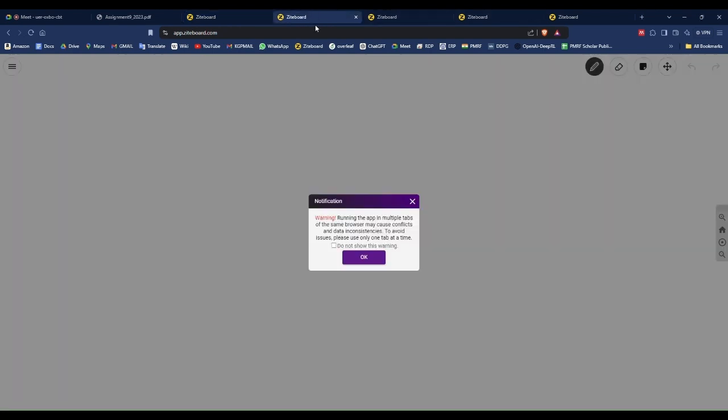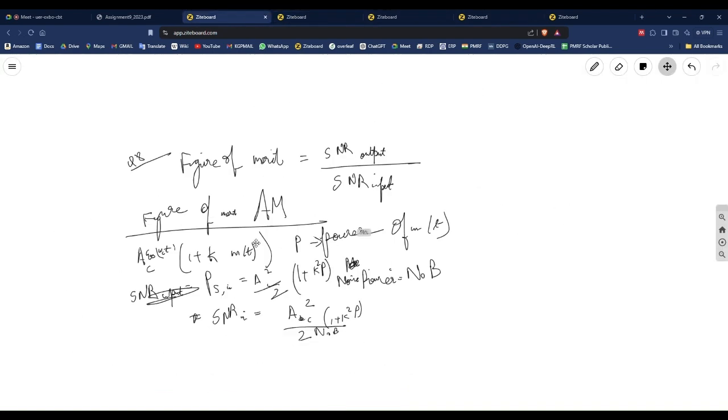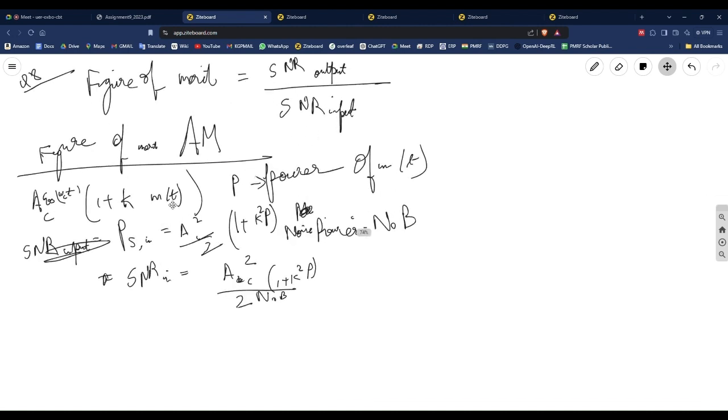Now, for SNR output, we have to consider the demodulated signal.